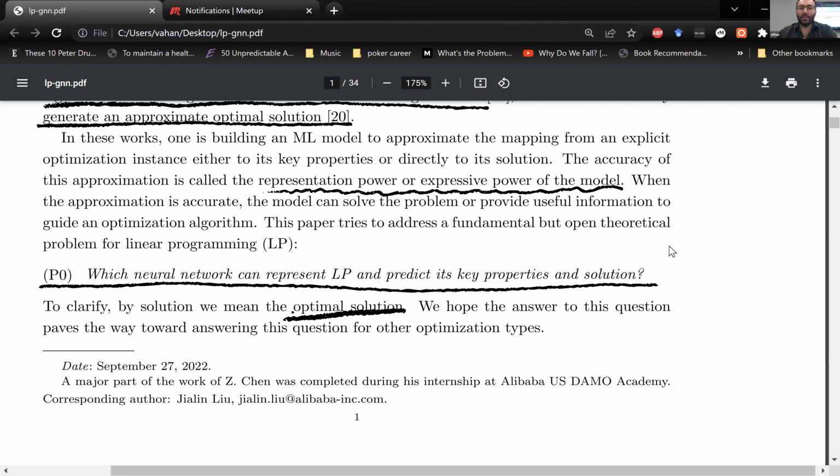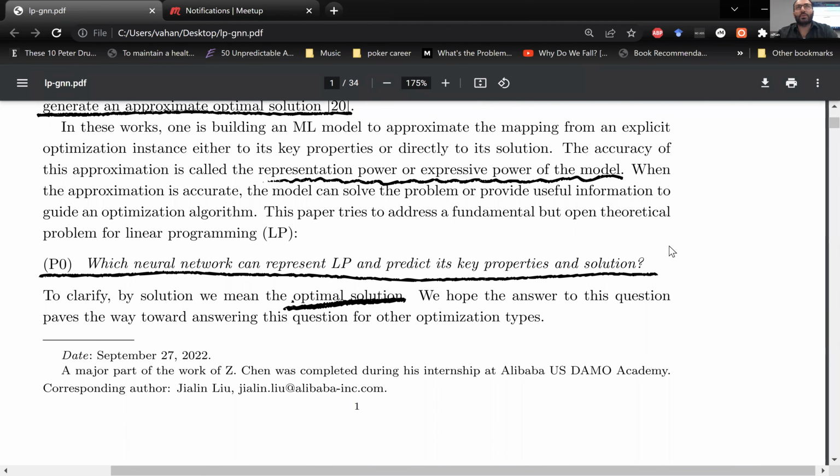Here it's similar, but it's not exactly the same sort of GNN we have seen before, because the graph is a bipartite graph. Maybe I should show what the bipartite graph is, and then we can also see how they formulate a linear program as a bipartite graph.